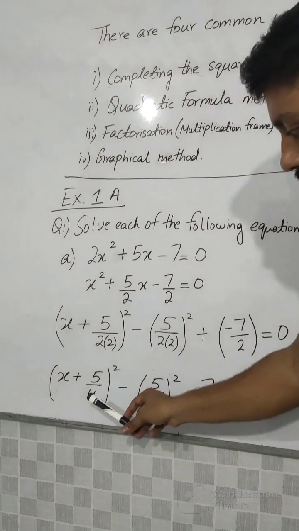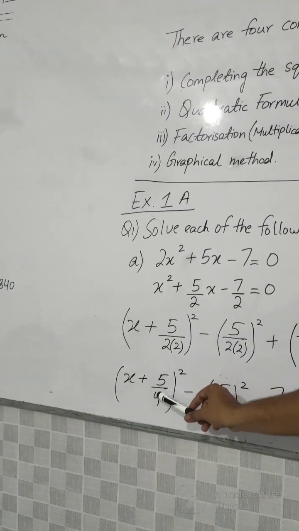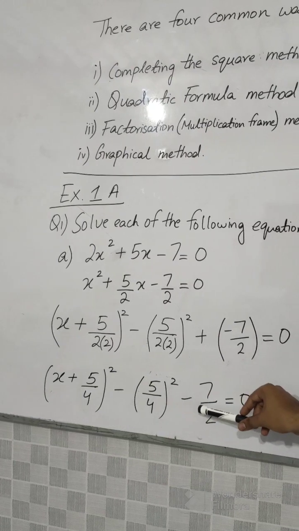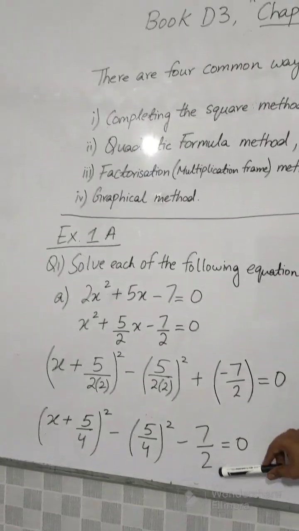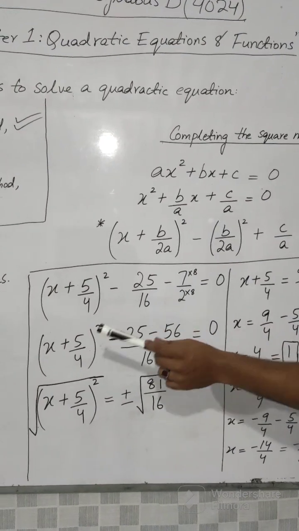After doing this, you will be getting (x + 5/4)² − (5/4)² − 7/2. After this step you shift it here.